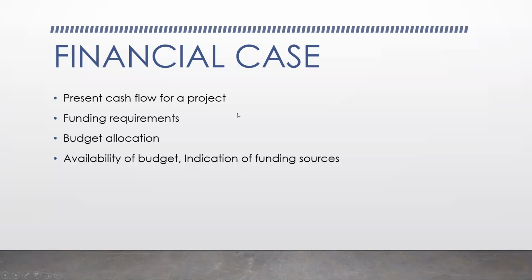Is it going to be fully funded by the organization? Is it going to be part funded by the organization and the government? You probably want to put that there and be quite sure of where your money is coming from for the project. Otherwise, you may not have money to complete the project in the future.